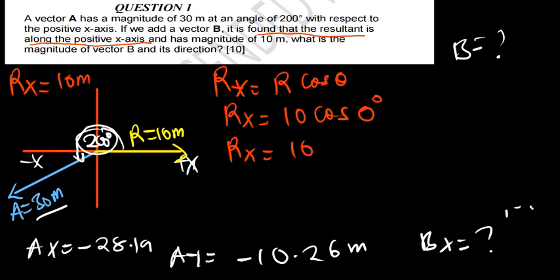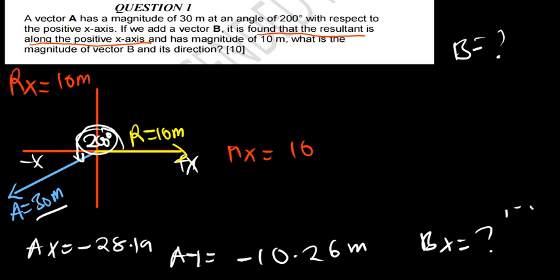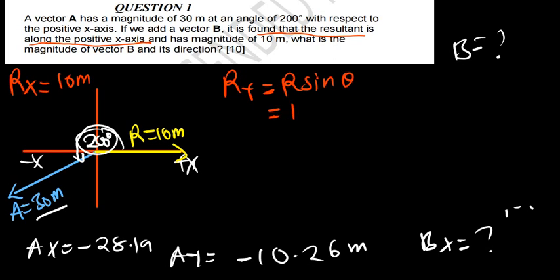Then let's find the y component. Ry is equal to R sine theta, so 10 sine 0. 10 sine 0 should be 0. So Ry is 0.